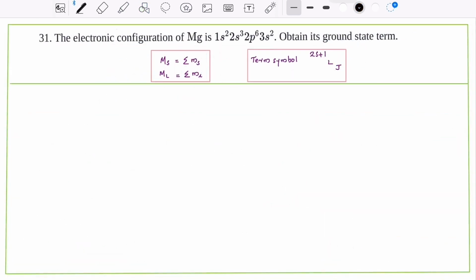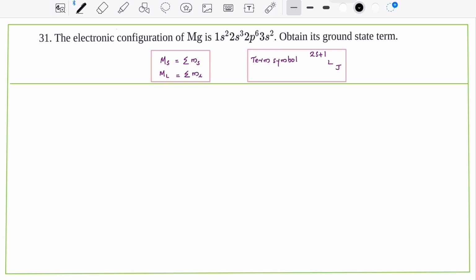The next problem is: the electronic configuration of magnesium is 1s2, 2s2, 2p6, 3s2. Obtain its ground state term. In the present problem, the electronic configuration of magnesium is given.